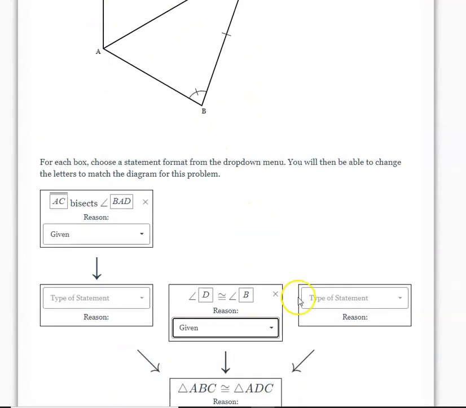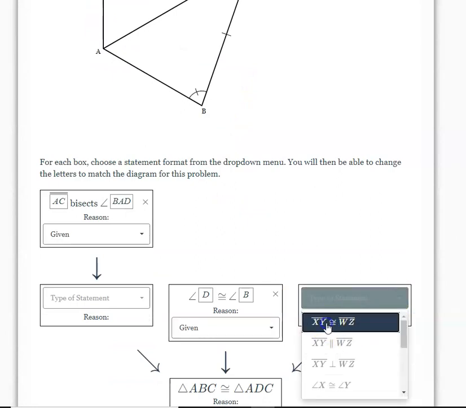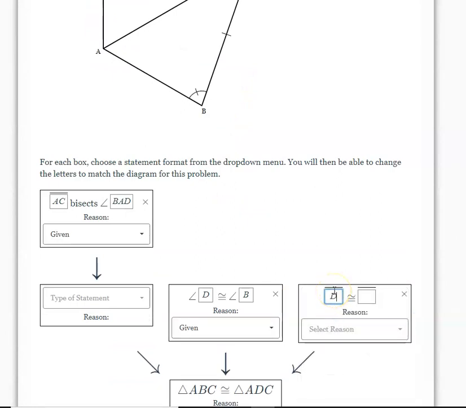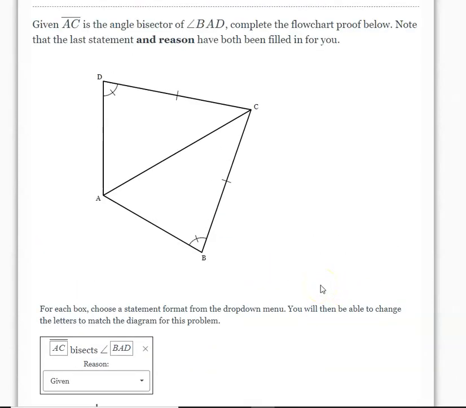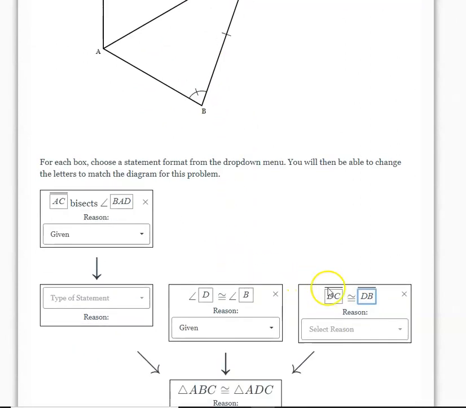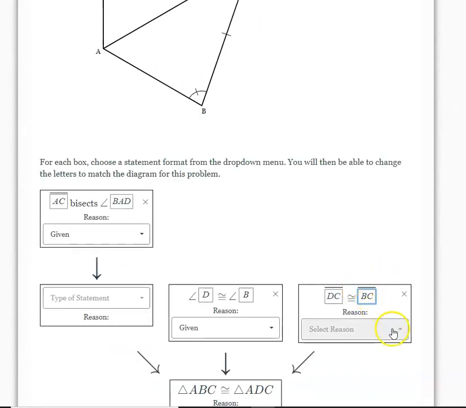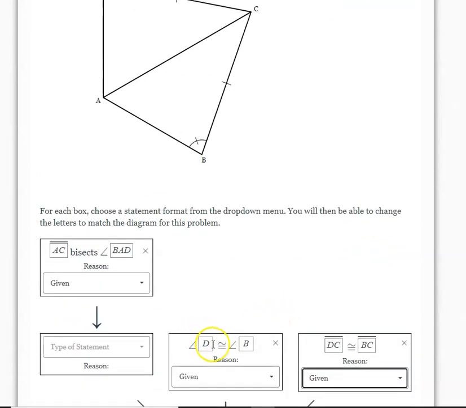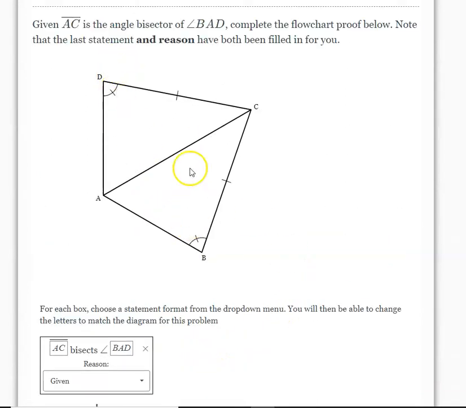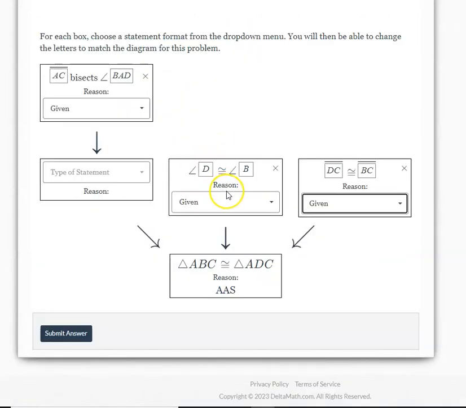So over here, we're going to put in segments, and it was DC and BC. I'll go back and look. DC and BC. And that was given to us. So these angles here are these two, and these sides here are these two. So we have two pieces of information, and we need a third.